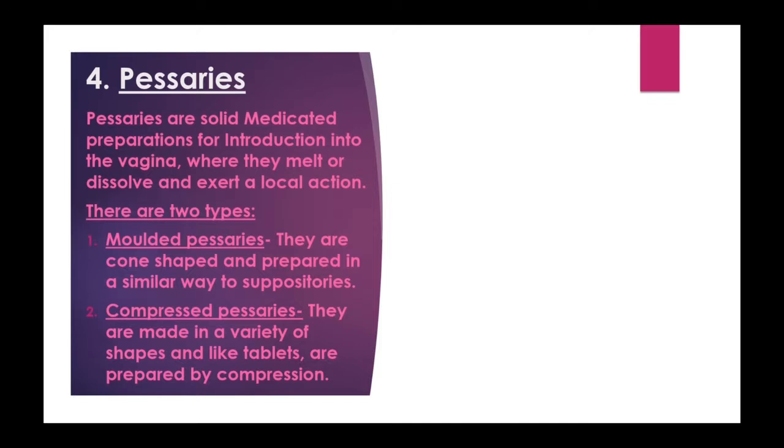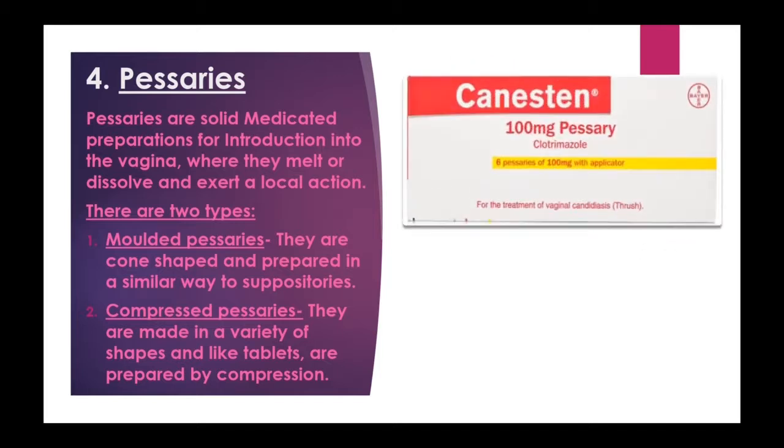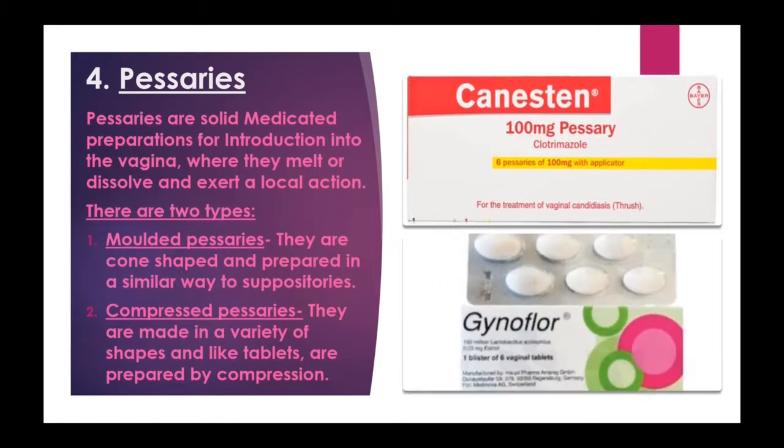Compressed pessaries have a variety of shapes. Let's see examples. Molded pessaries example is Canesten 100 mg pessary. Next, compressed pessaries. The image which you see now is an example of a compressed pessary. See how they look compressed.